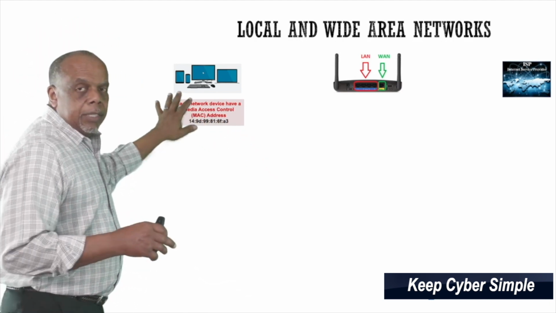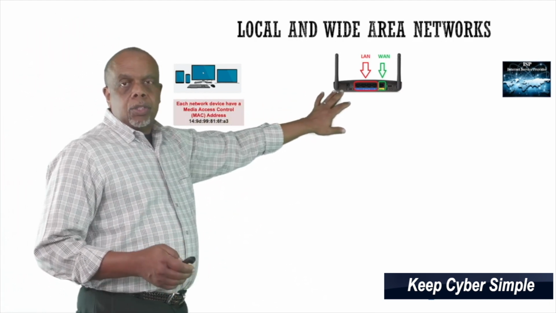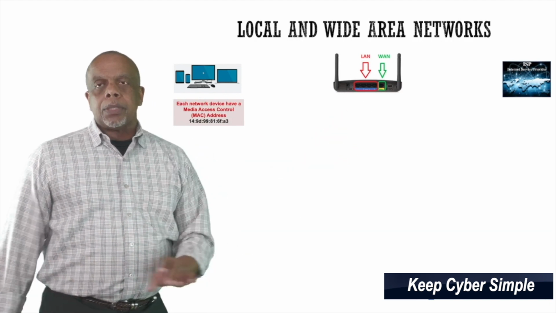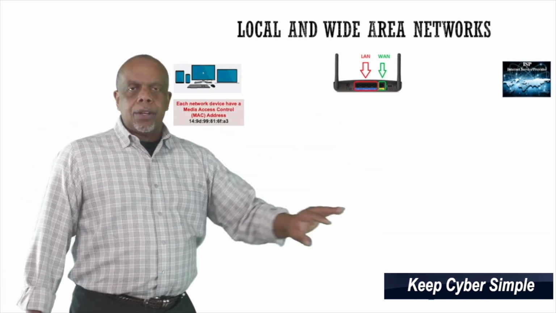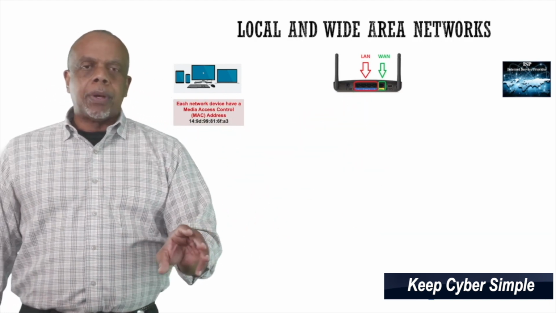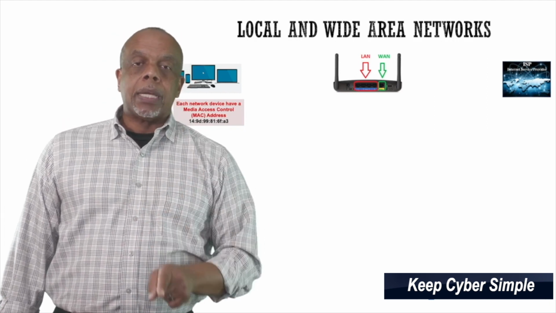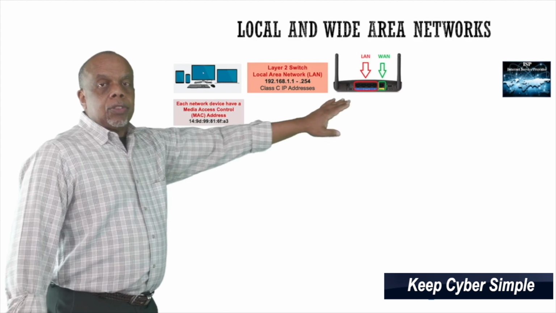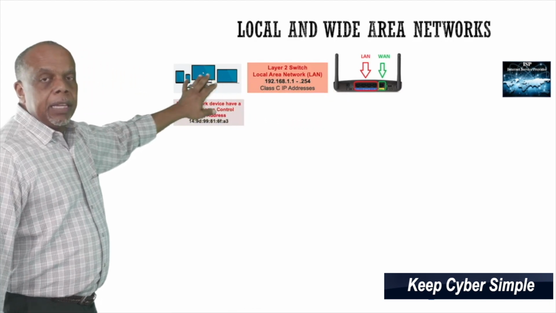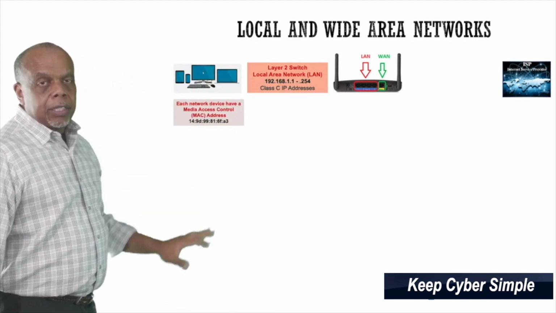So every device now is connected to the switch. Then what happens? Well, now this router says, okay, I know who you are. I recognize your MAC address, but we're not going to be able to communicate until you get an IP address. So this then provides an IP address to every device in your home.